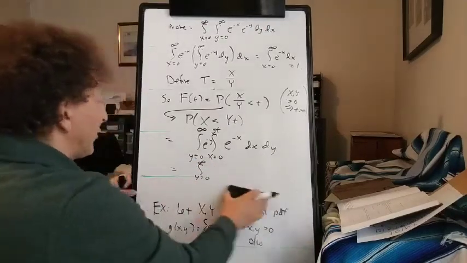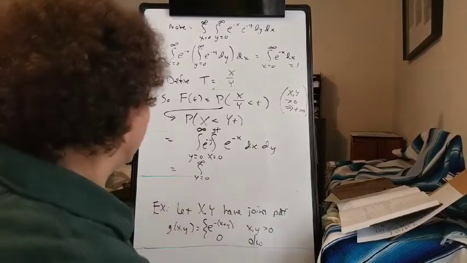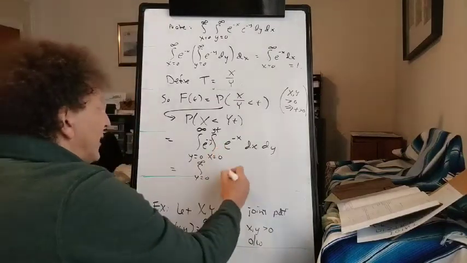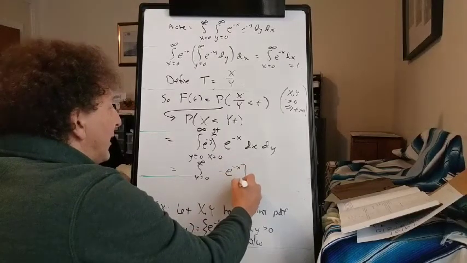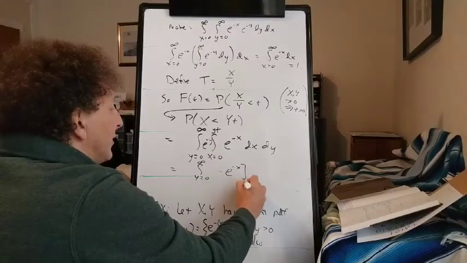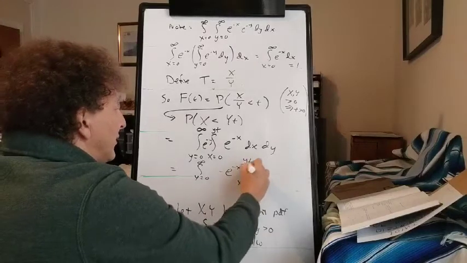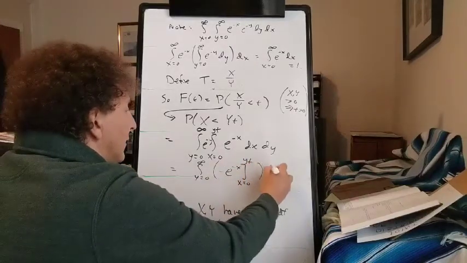So this is the integral as y goes from 0 to infinity. Integral of e to the negative x is negative e to the negative x evaluated from 0 to yt dy.